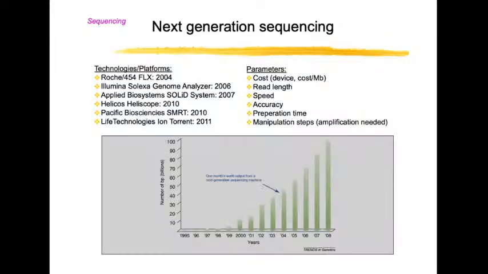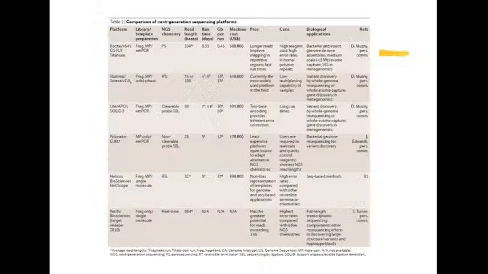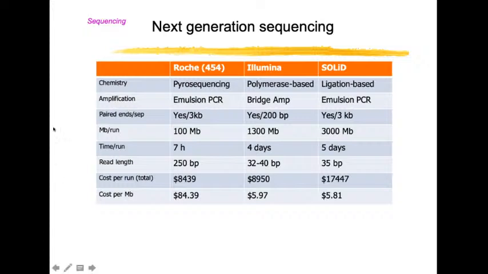Now we will discuss next generation sequencing, which includes different parameters and various technologies like Roche, SOLiD, Pacific Biosciences, Ion Torrent, Genome Analyzer and Illumina. Each has its specific way of working.